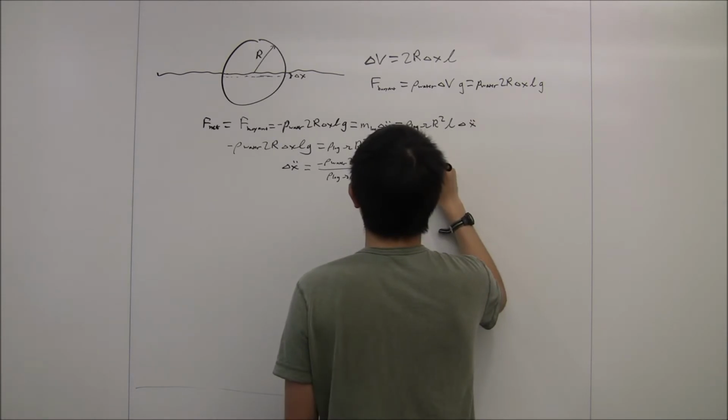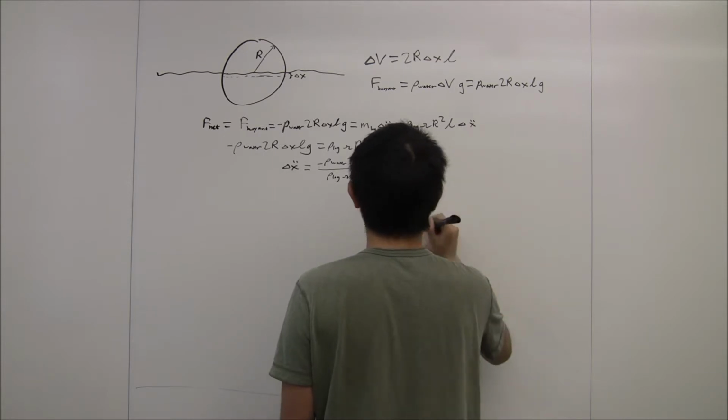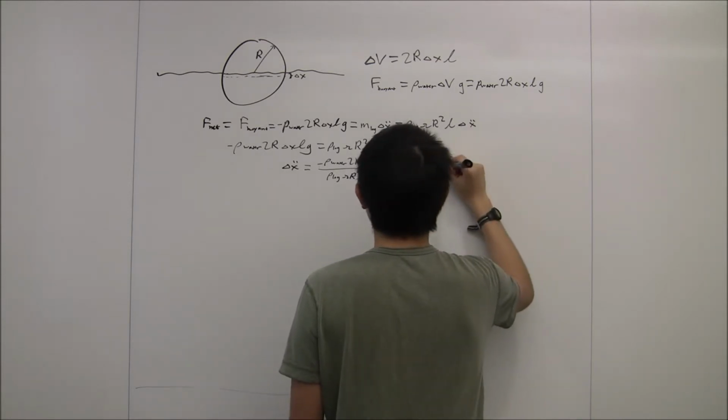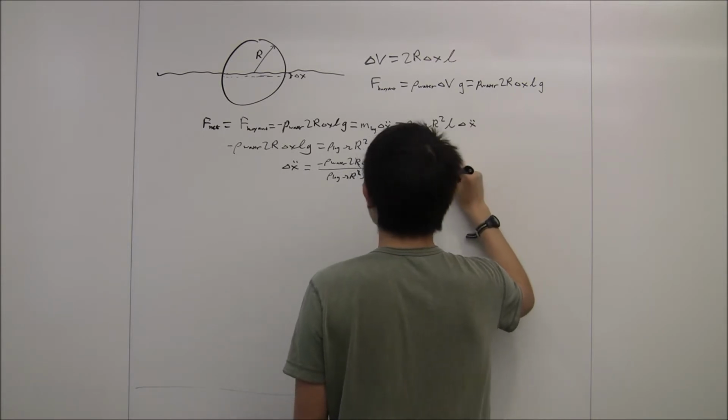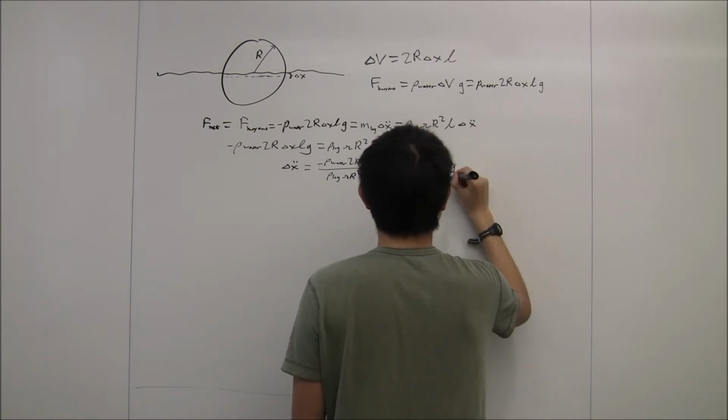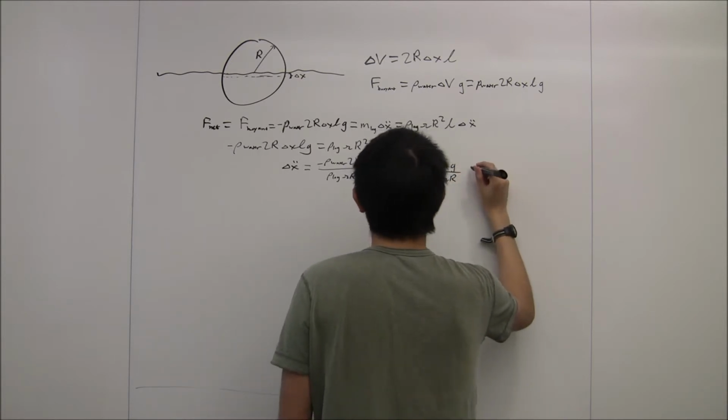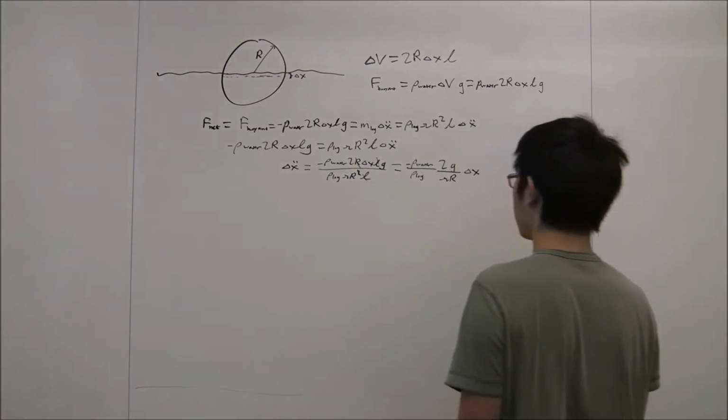So you get negative rho water over rho log times 2G over pi big R delta x.